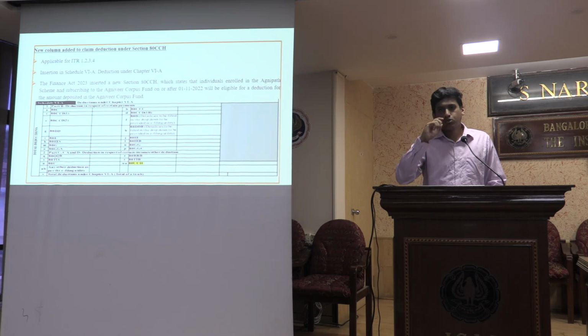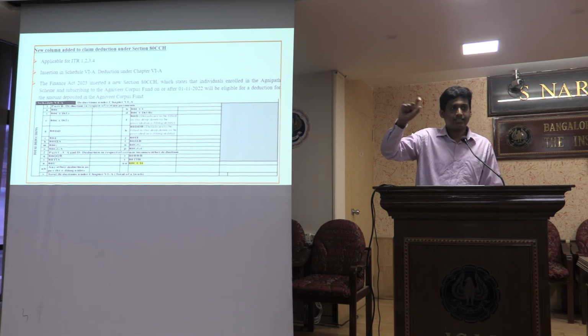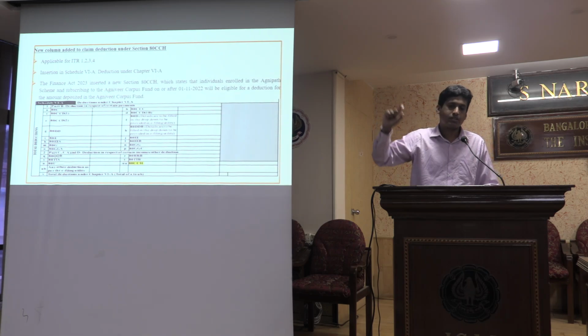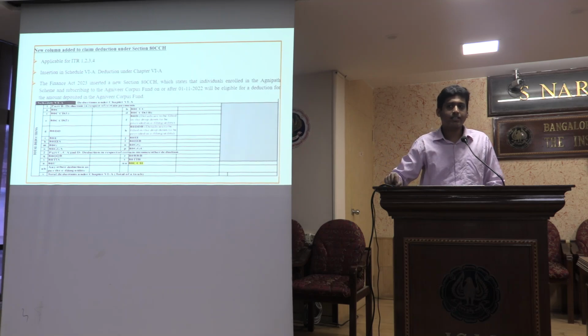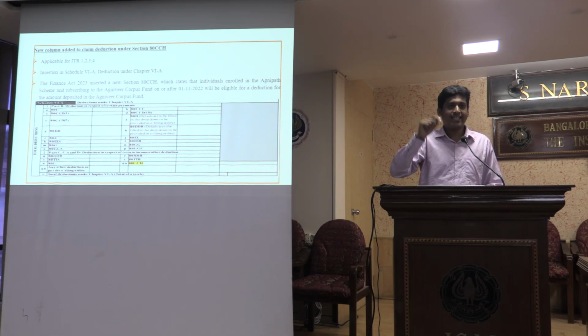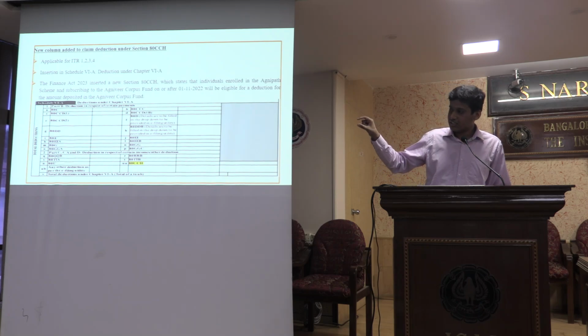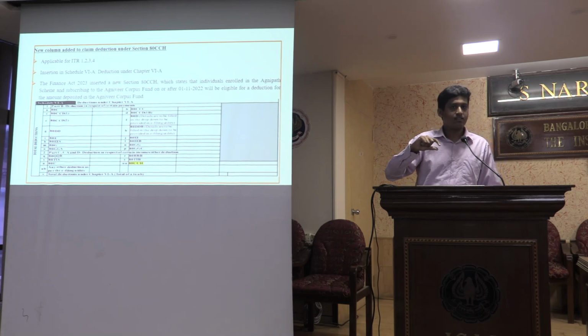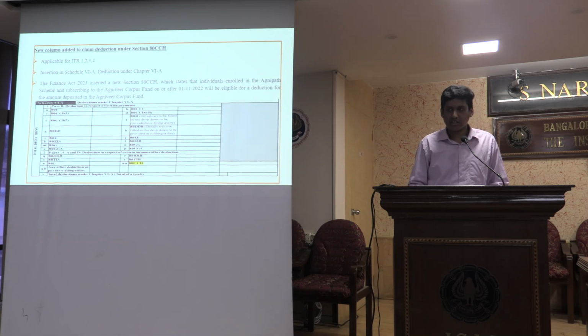That portion of salary that gets deducted and goes as a contribution to the Agniveer corpus fund is allowed as a deduction under 80CCH. A very important point to note here is that the 80CCH deduction is available both under the old tax regime as well as the new tax regime. So this deduction is being inserted under Chapter 6A schedule, so as to take this deduction.